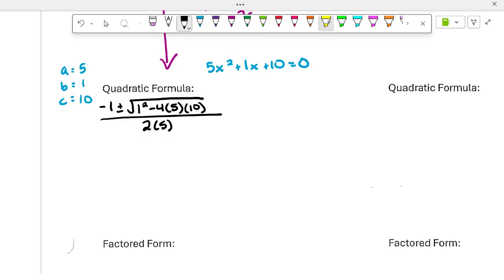So now let's do some simplifying, specifically underneath the radical. So this would be negative 1 plus or minus, what's 1 squared? 1. Negative 4 times 5 is 20, times 10, that's negative 200. All over, what's 2 times 5? 10.